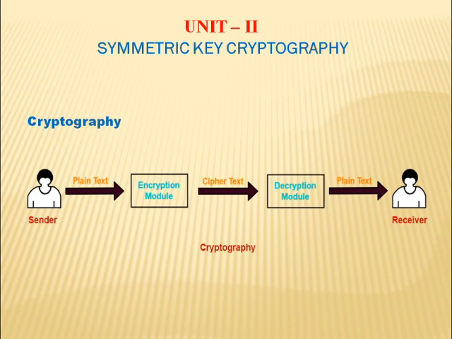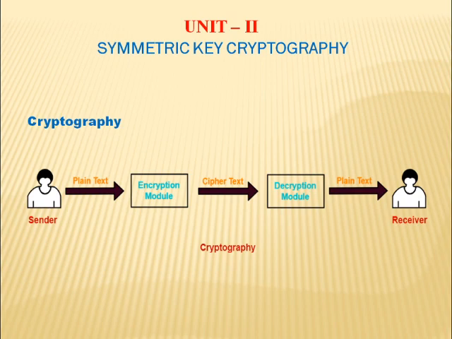Using some encryption algorithm, the plain text is converted to ciphertext. Then the ciphertext is given to the decryption module at the receiver side. In the decryption module, using some decryption algorithm, the ciphertext is converted back to plain text, and then the receiver receives the original text.